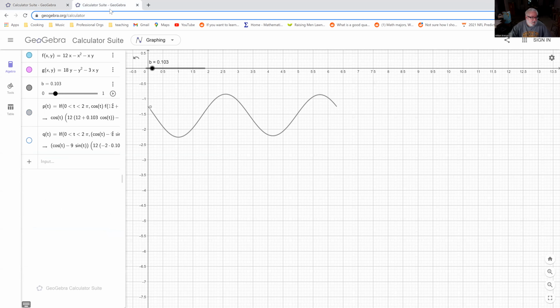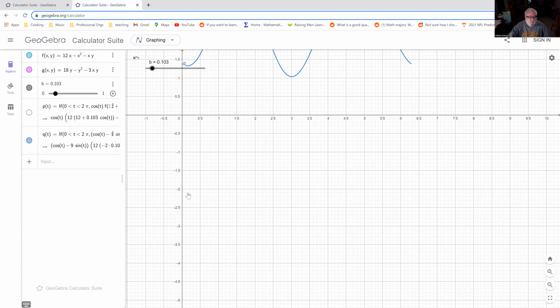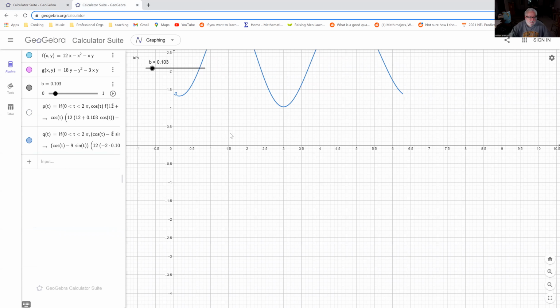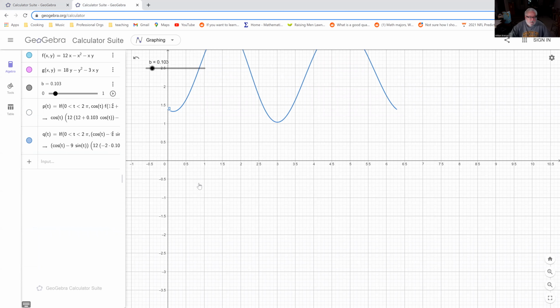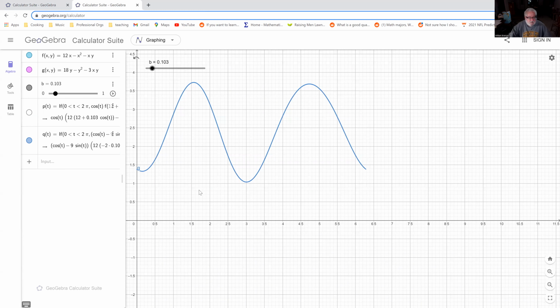So if we go back here, turn that off, and so here is the graph of this function, I hope. It's up here. So I must have actually used the inward pointing one when I'm looking at this one.